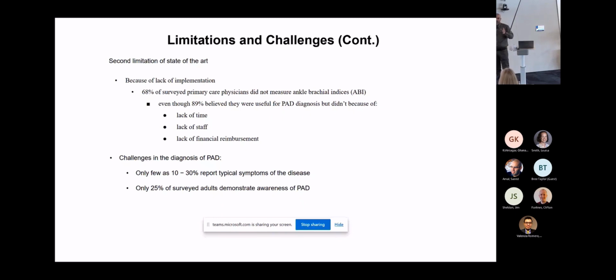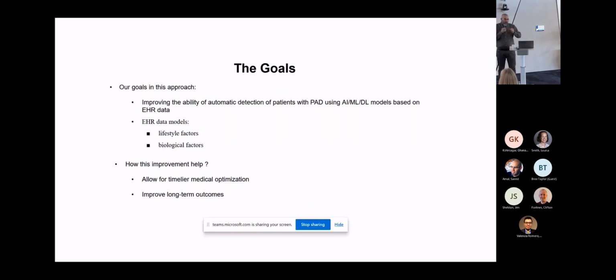So the goal of this research was to improve the ability of automatic detection of peripheral artery disease using electronic health record data. When we use electronic health record data, we can actually model lifestyle factors.